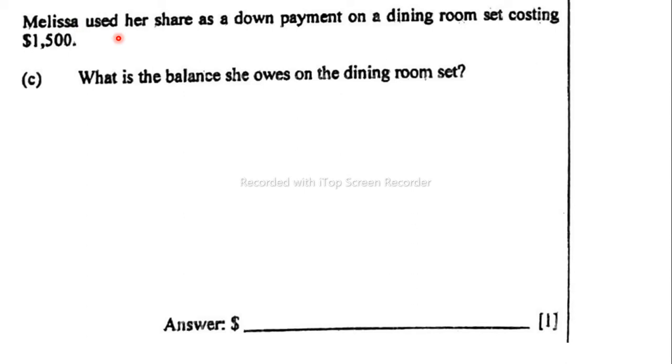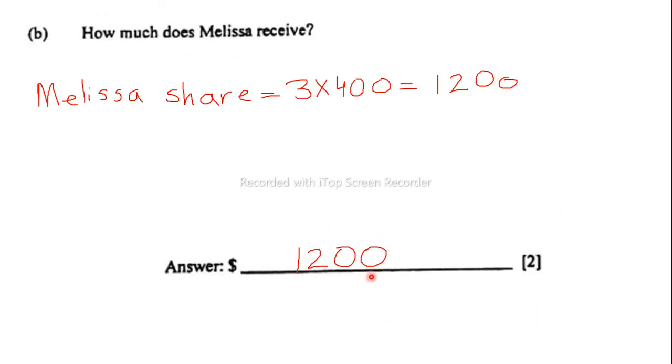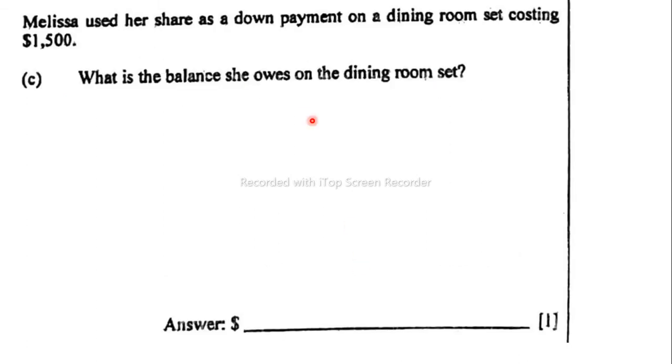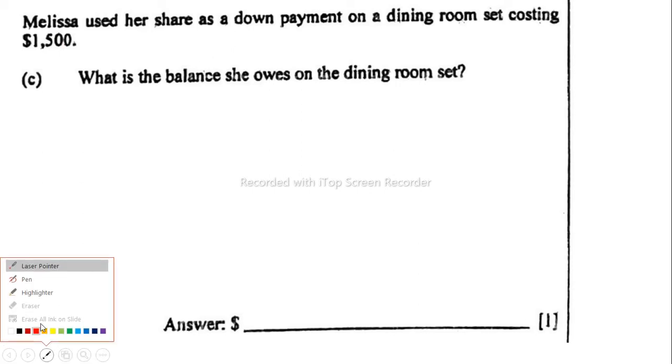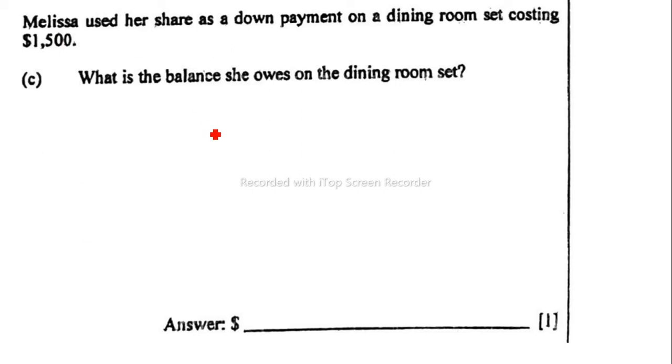Anyway, cool. Melissa used her share as a down payment on a dining room set costing 1,500. What is the balance she owes on the dining room set? So she had $1,200. The dining room set costs 1,500. So what is the balance? We're subtracting, right? Yes, ma'am.